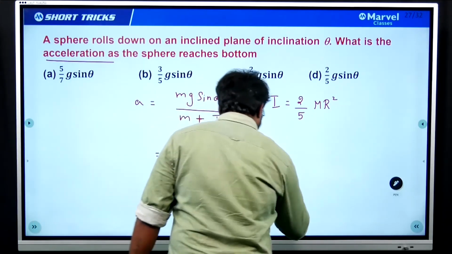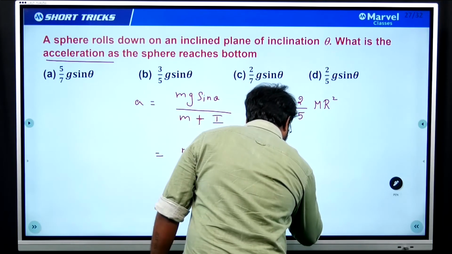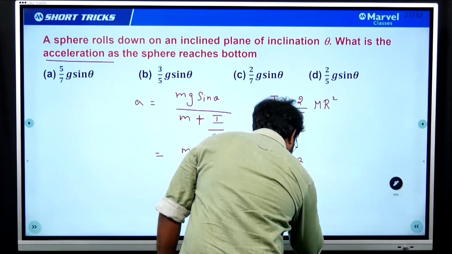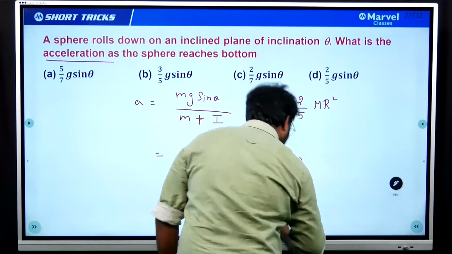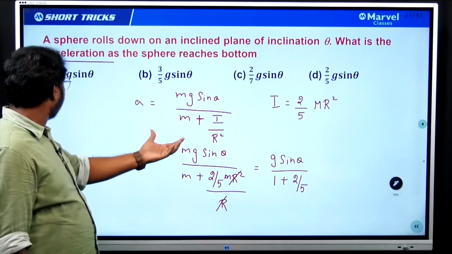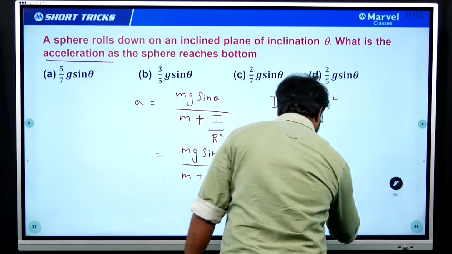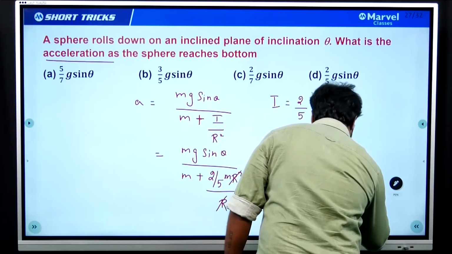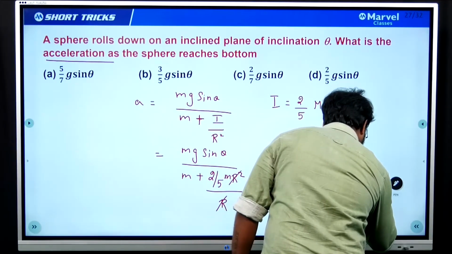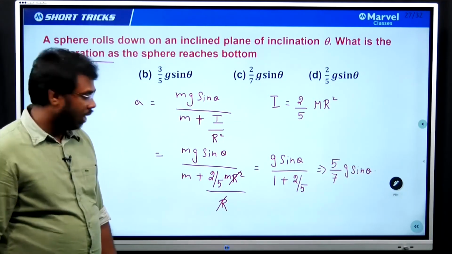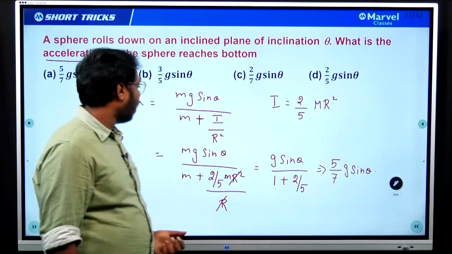What you will be left with is just g sin theta divided by 1 plus 2 by 5. So if I take the LCM and take it to the numerator, it becomes 5 by 7 g sin theta. So this is the final answer.